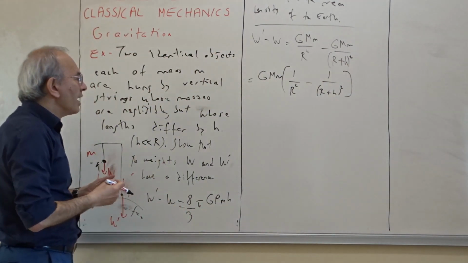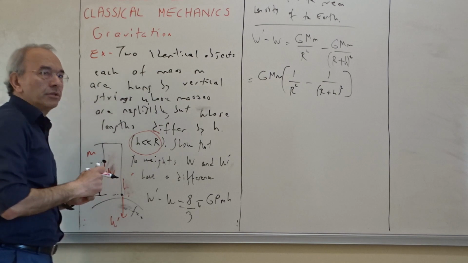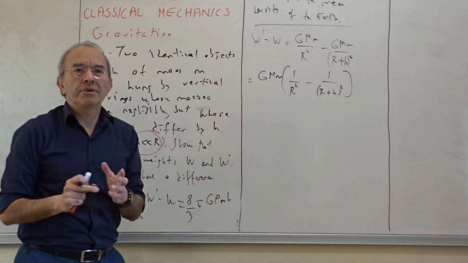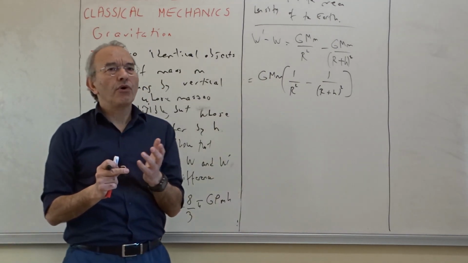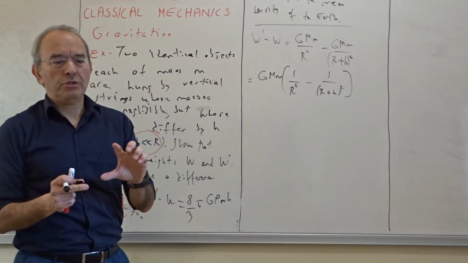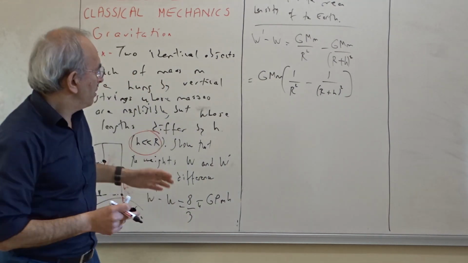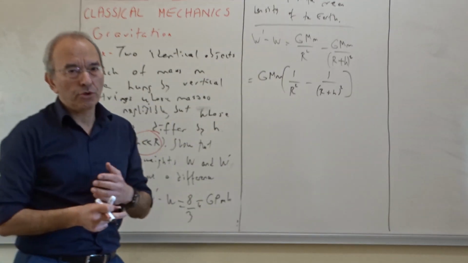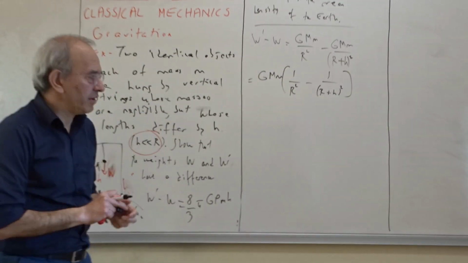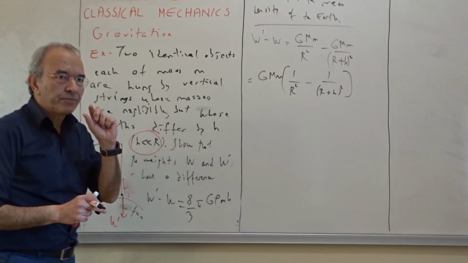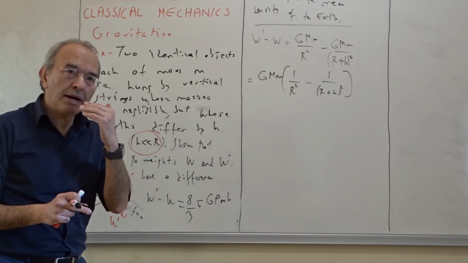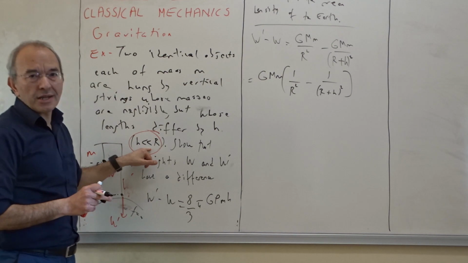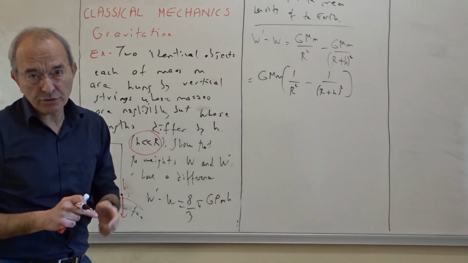But since we have this condition, obviously, because remember that 6,400 kilometers approximately is the radius of the Earth. But this H may be a few kilometers, not more than 10 kilometers, for instance. Very little distance, not negligibly small, but much less than the radius of the Earth.